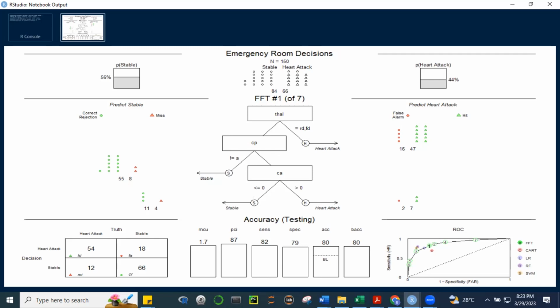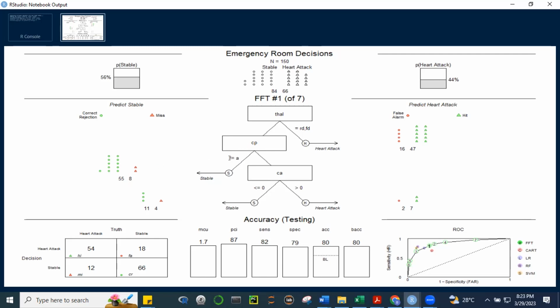Okay. So punta naman susunod dito. So if you trace this, kaya nga sabi natin yung decision tree, it mimics how we think, yung human brain. We split it first. Ito muna, thal equal to RD and FD. So meron na tayong classifications dito. Then we go here to CP. If CP is not equal to A, may prediction dito.